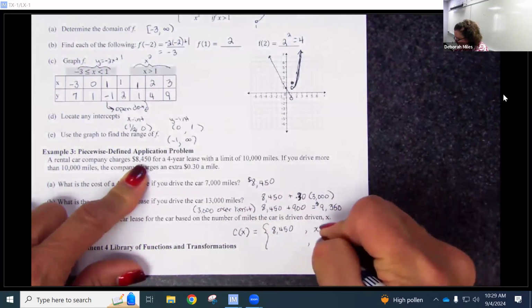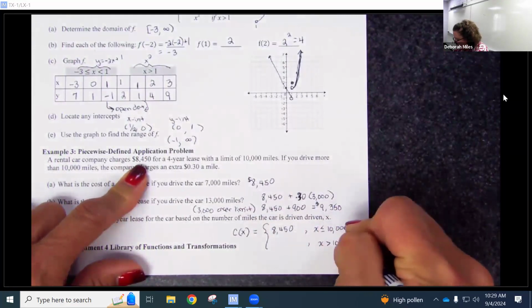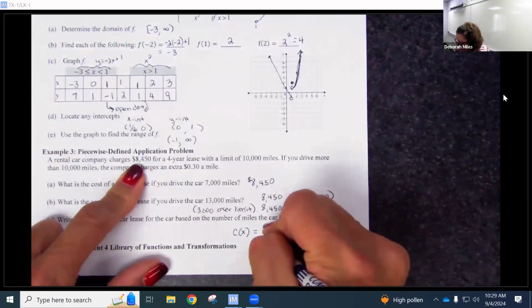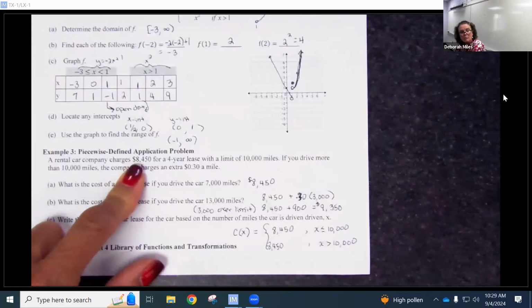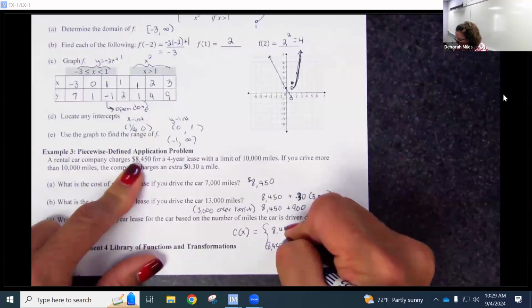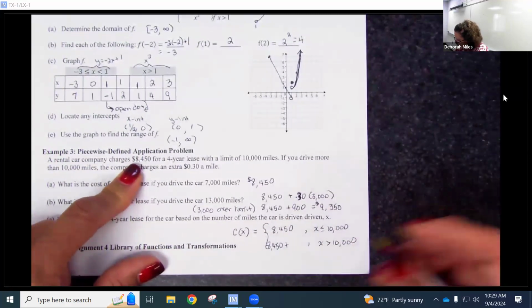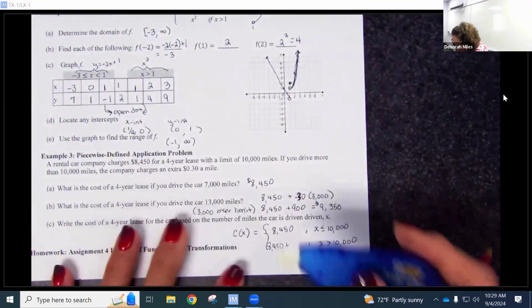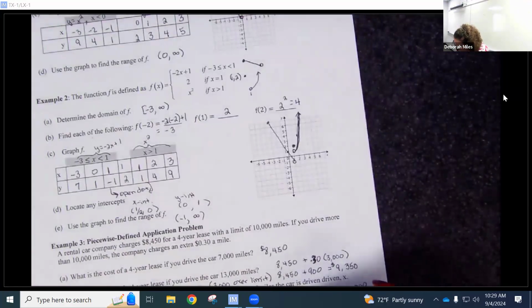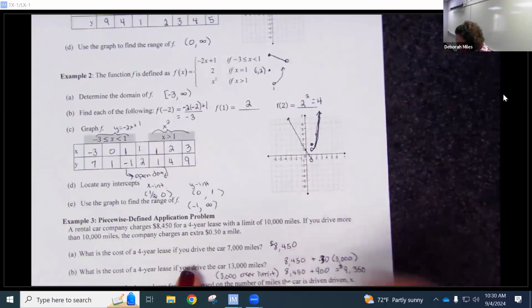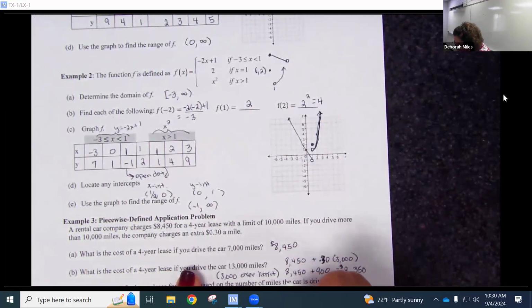But the second part of the function is when x is greater than 10,000, and I still have to pay the $8,450, but then I have to pay that 30 cents a mile times the number of overage miles, if you want to call it that. So $8,450 plus 30 cents per mile.